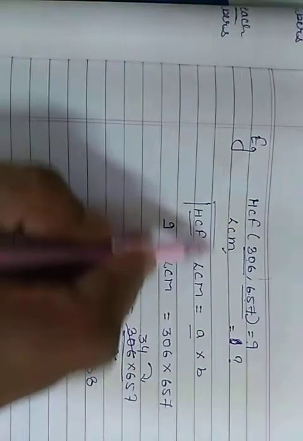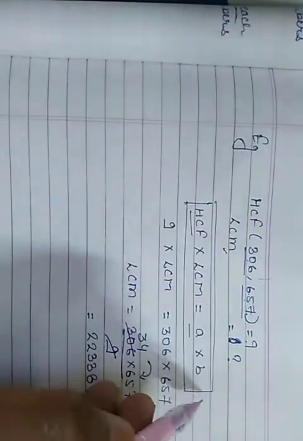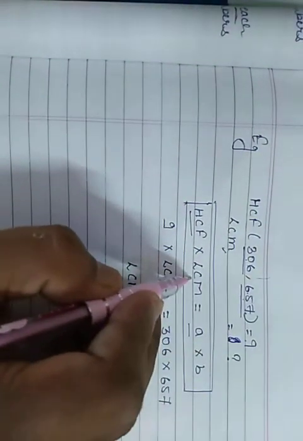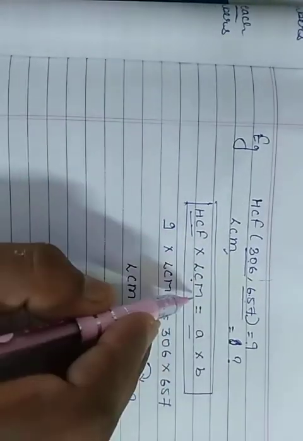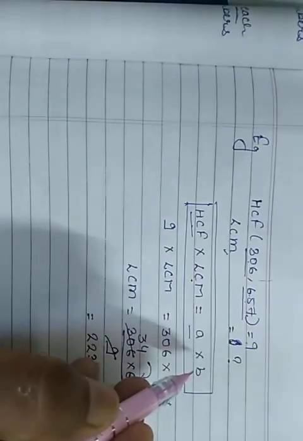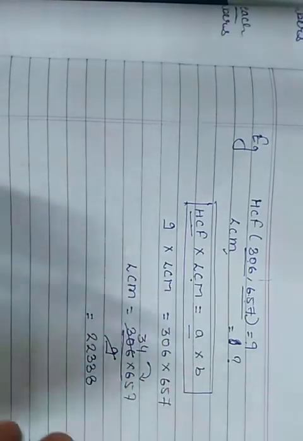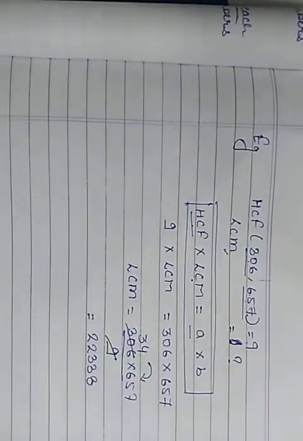So we can use this to find either LCM or HCF, or out of the 4 terms, if 3 are given, we can calculate the unknown one.